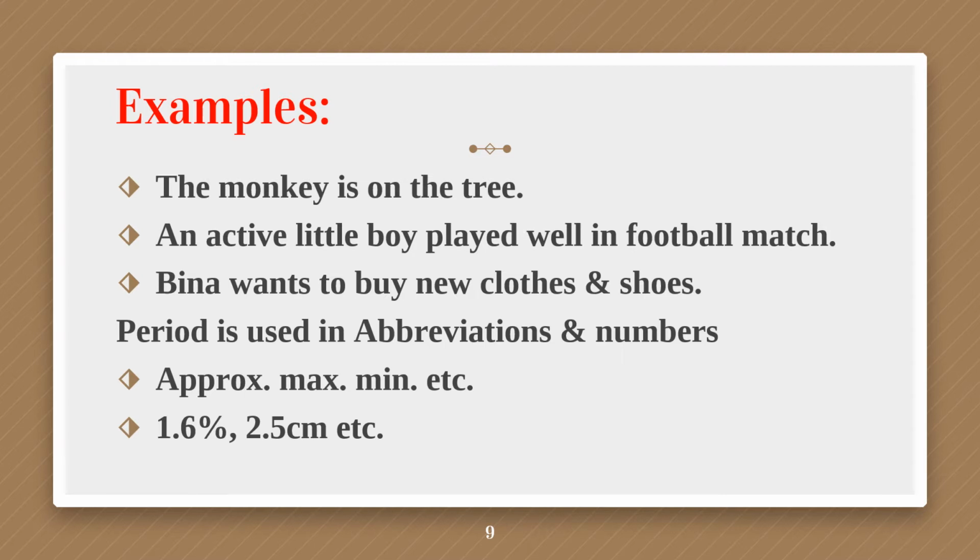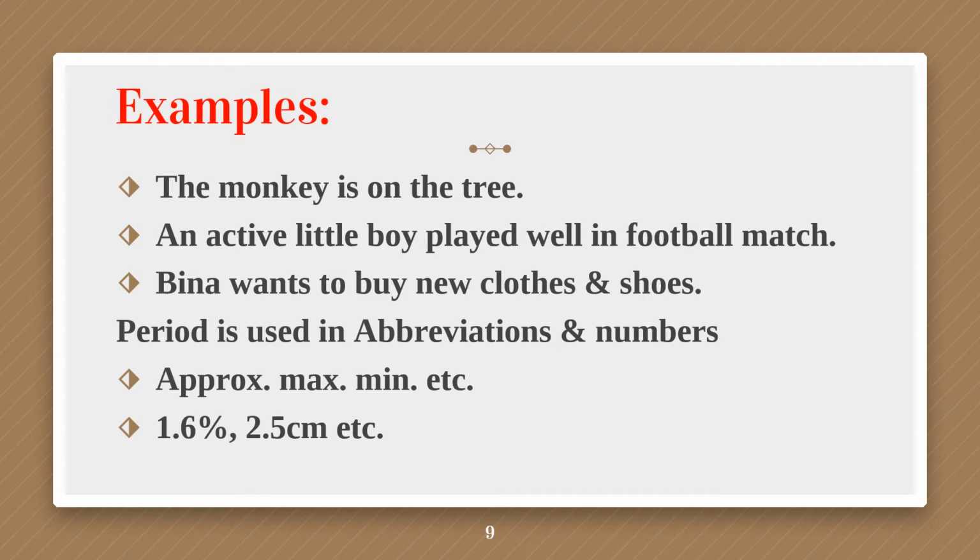An active little boy played well in the football match. Now the sentence is completed and I have used a full stop or a period at the end of the sentence. Bina wants to buy new clothes and shoes. Full stop. Period is also used in abbreviations and numbers. For example, approximately, the abbreviation for that is approx.